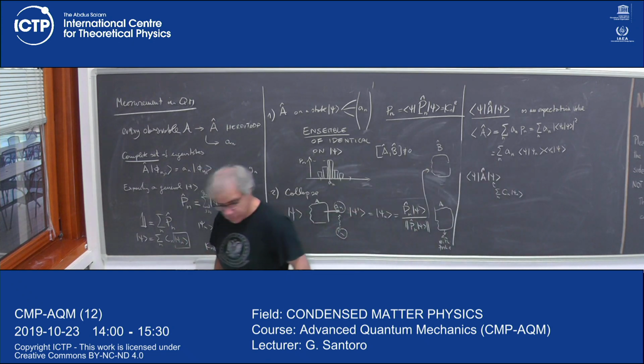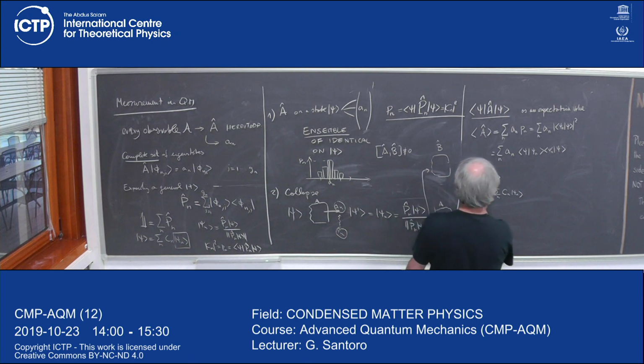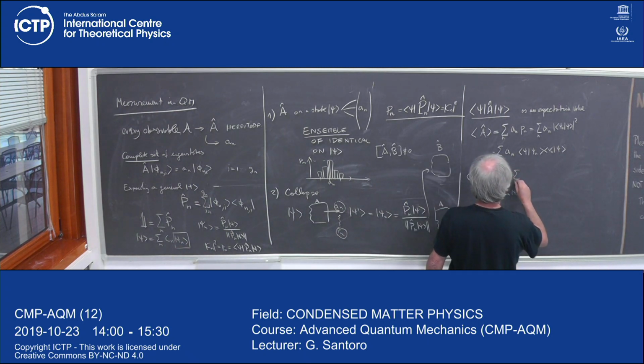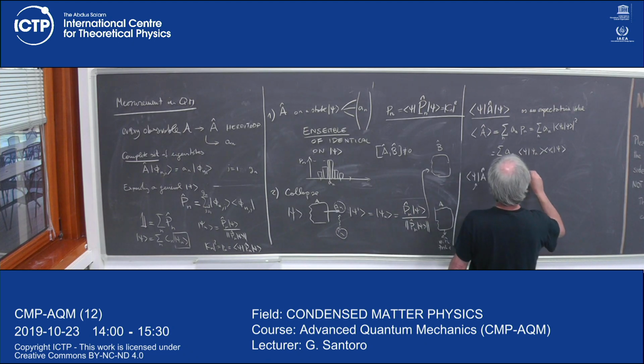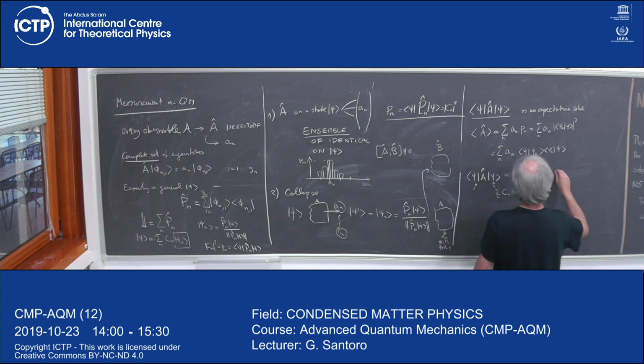And I do the same here. So what I have is the sum over n prime and n of Cn prime star Cn ⟨psi n prime|A|psi n⟩.